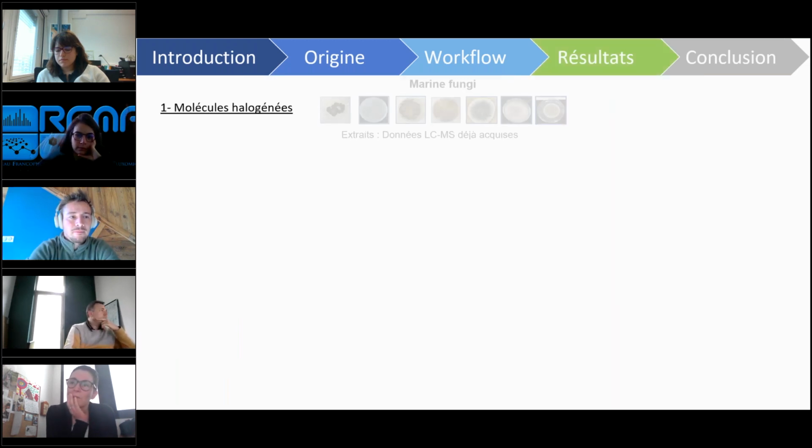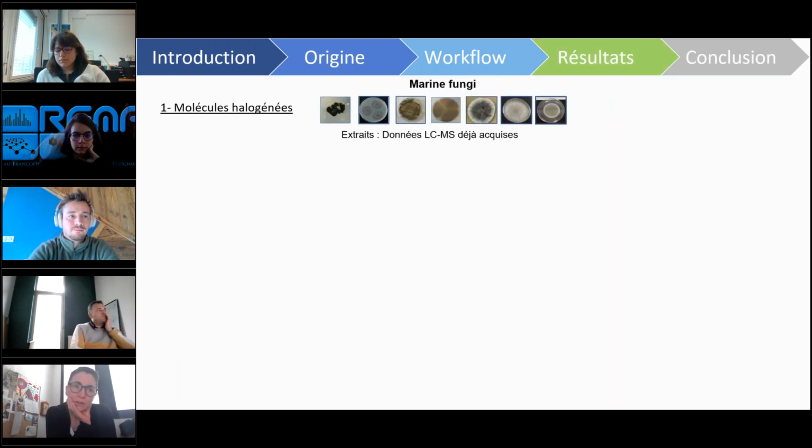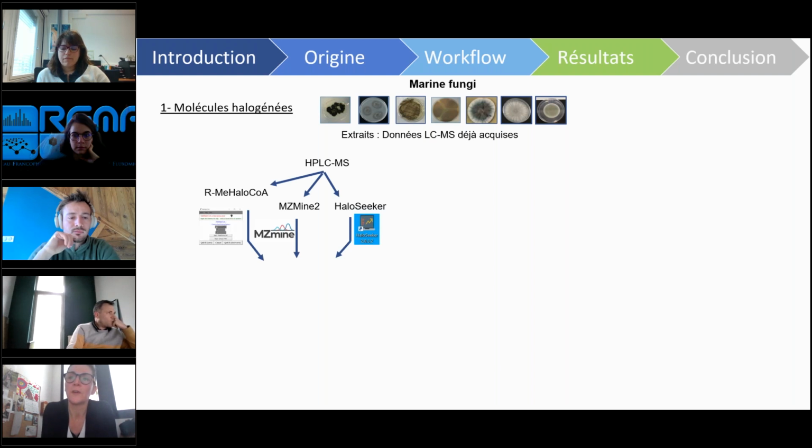Okay, next please. So for the first results that we have obtained, the first thing we wanted to do was to find the halogenated molecules. We already had highlighted some in the preliminary study that I showed you, but we also wanted to try some new software, or new strategies, to highlight halogenated molecules and see how complementary they could be.